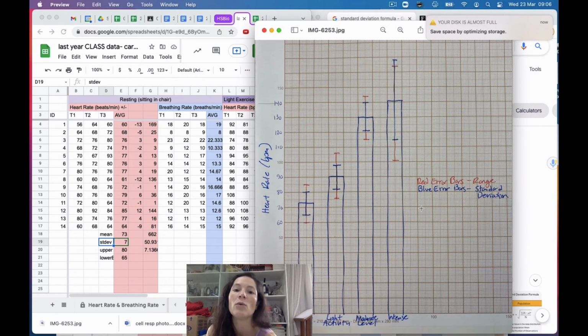But notice that what we're going to do is say that if the error bars of 2 values don't overlap, and you can see this here, the top limit for rest is below the bottom limit for light activity. I'm looking at the standard deviation error bars. We can say there were significantly different heart rates for rest and light activity because these error bars don't overlap.